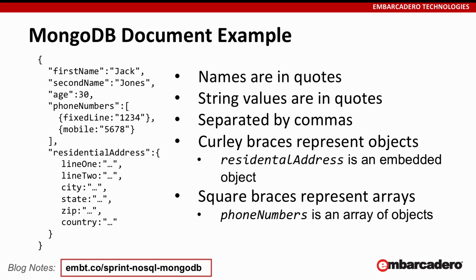But also we have the square braces for phone numbers, which represent an array. That array contains, in this case, additional embedded objects, just like residential address is an embedded object. Fixed line, mobile, etc. are all embedded objects within the parent record. So this is more unstructured, more dynamic than you would typically see in an RDBMS.